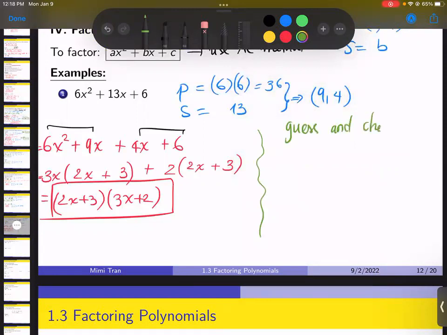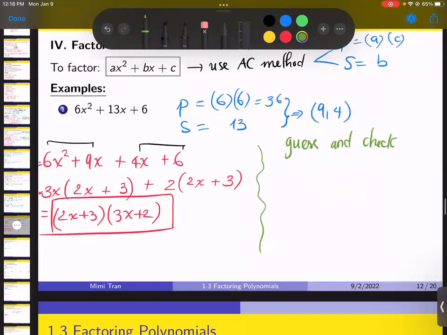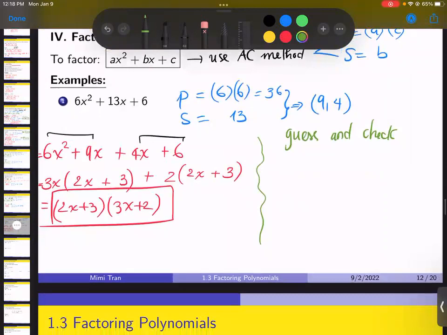Personally, I don't suggest you use guess and check when you do these kind of problems. It's nice when the coefficient is 1, right? But when the coefficient is not 1, I suggest you use AC method. It's less frustrating. I know it's longer, but it's less frustrating.